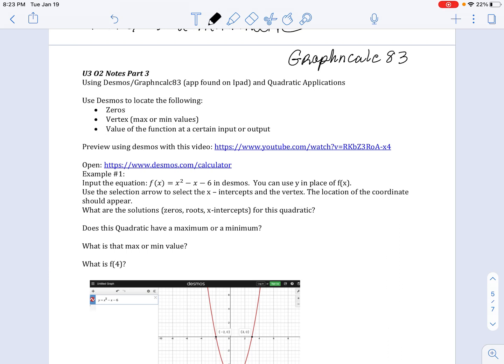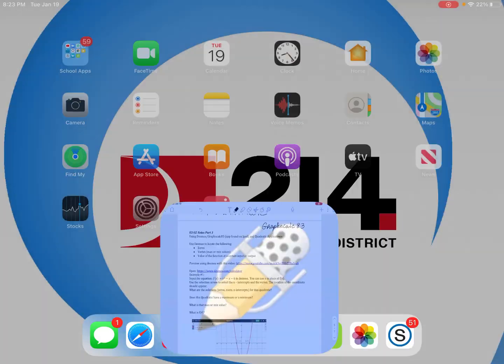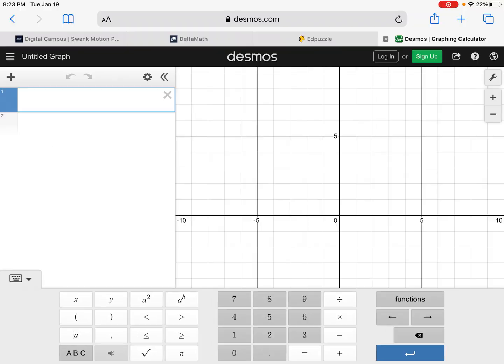And we're going to start with the first example. Input the equation into Desmos. You can use y in place of f of x. The equation is x squared minus x minus 6.